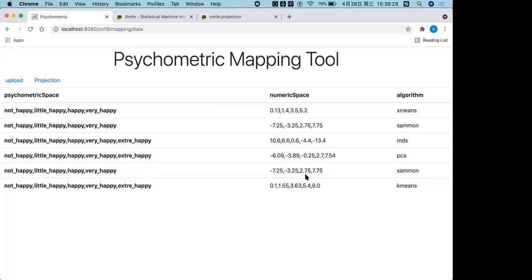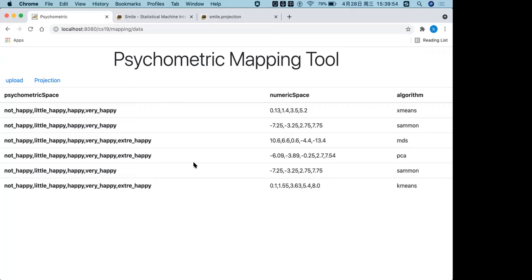Look, even the k-means says 0.1 to 8, not 0 to 8. And why are you mapping minus 7.25 to 0? I think he meant linear translation to stretch it to 0 and 8.